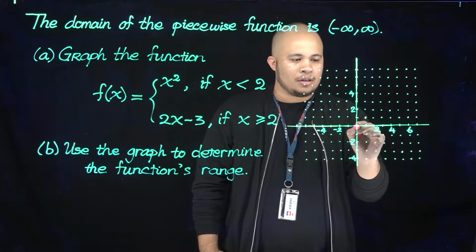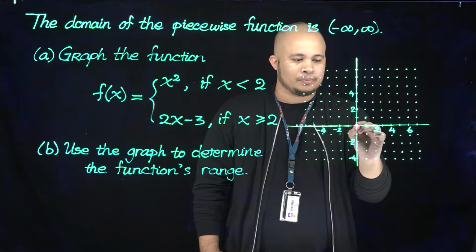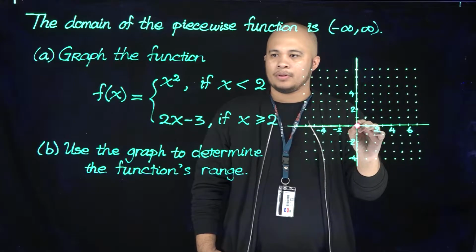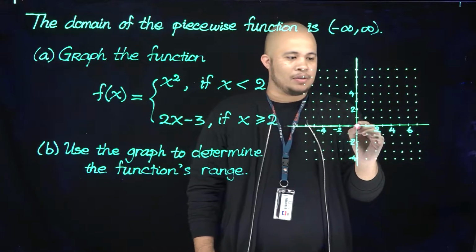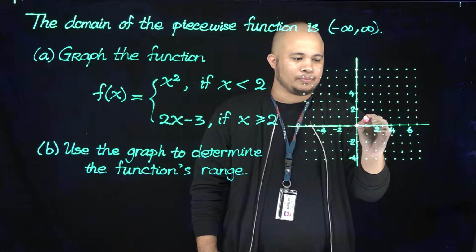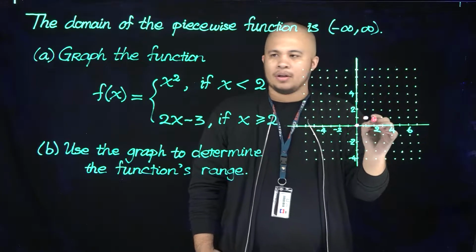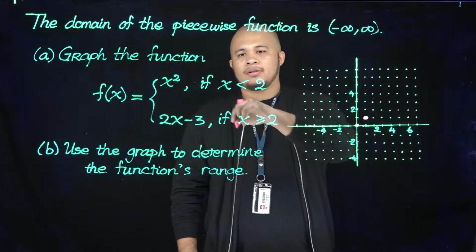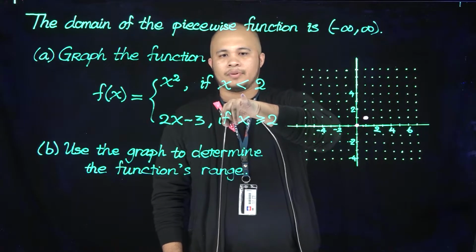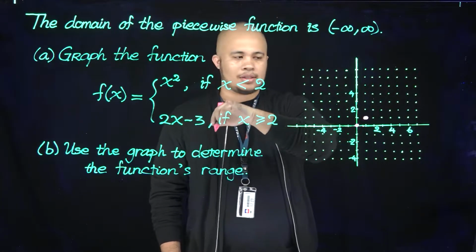So I can start here at the origin. And for a parabola, when you plug in 1, the y value is 1. So we'll go here. When you plug in 2, the y value is 4. But notice, for this restriction, it's less than, not equal to, just less than.